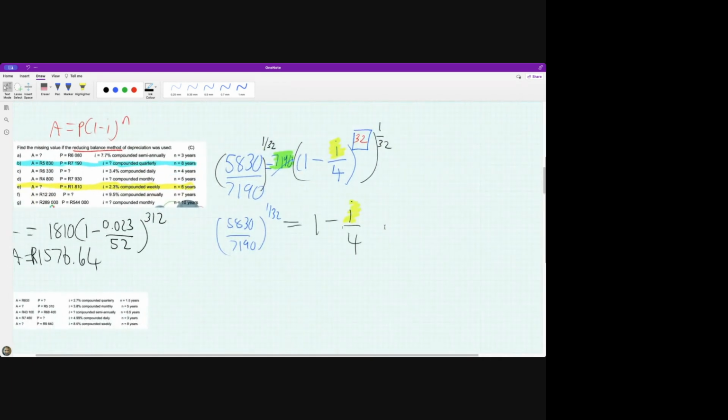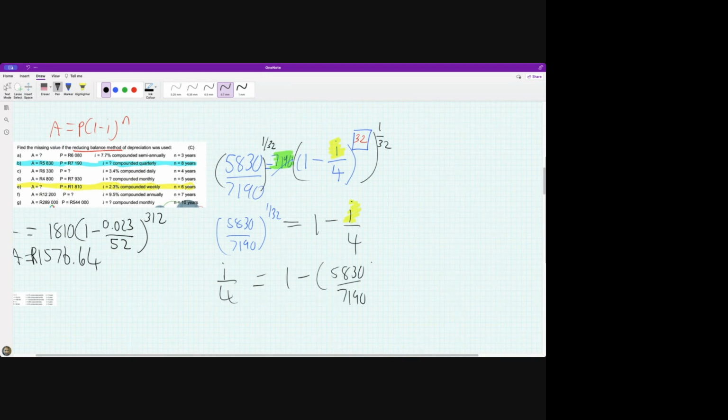Sorry, I just wanted to zoom out a little bit. So what I did was I just moved everything to one side.